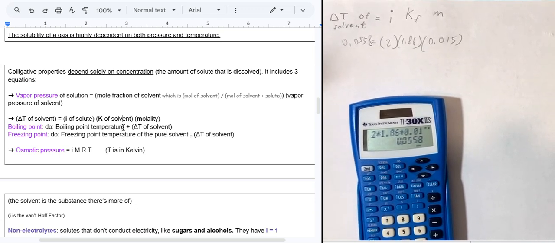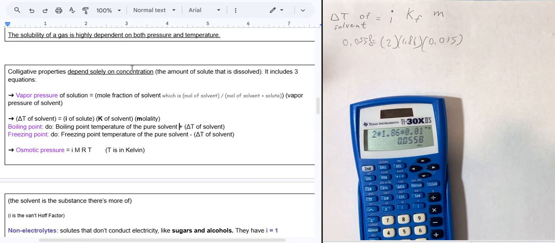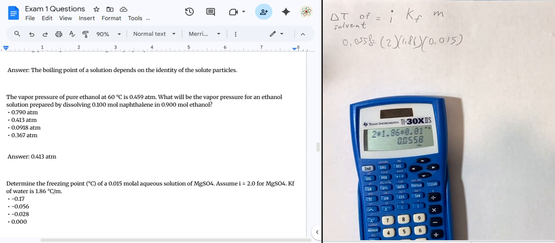This is the boiling point temperature of the pure solvent. So we do freezing point temperature of the pure solvent. The pure solvent is water because this is being dissolved in water, and the freezing point temperature of water is 0 degrees Celsius.